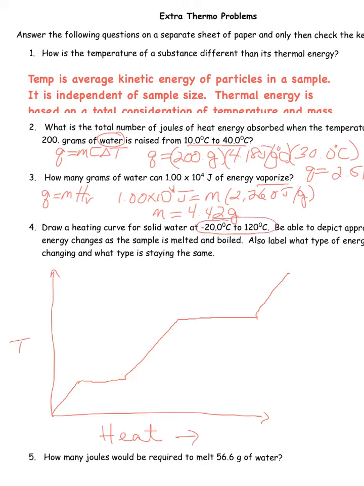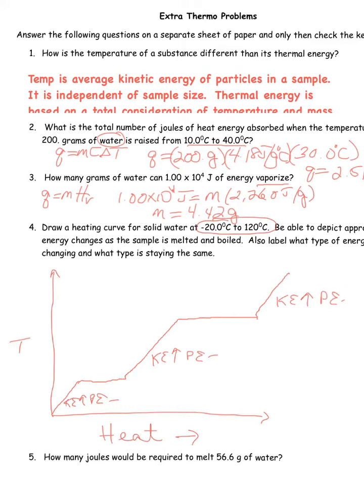Now I also have to understand what types of energies are changing. Remember, on every slant, we're going to see kinetic energy increasing. That's why it's a slant. Kinetic energy is our temperature increasing. And whenever one form of energy is increasing, the other, potential energy in this case, is remaining constant.